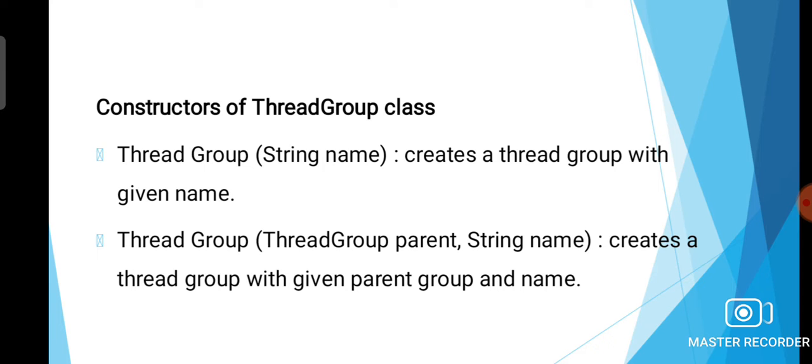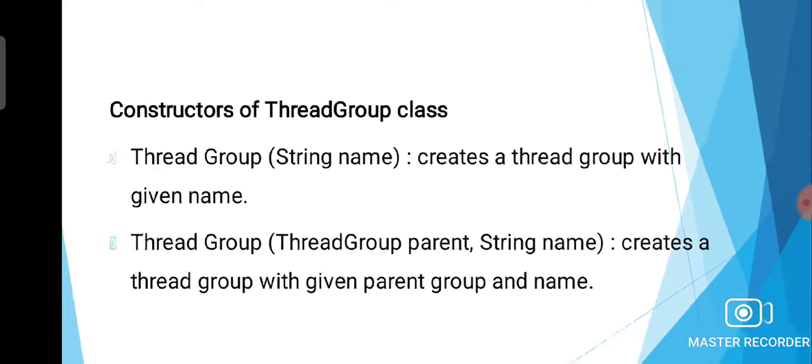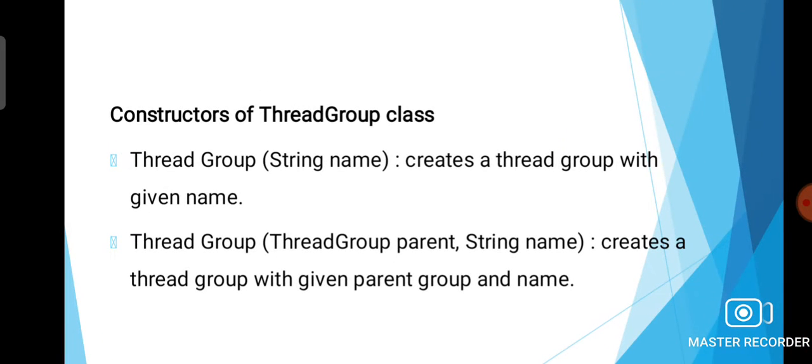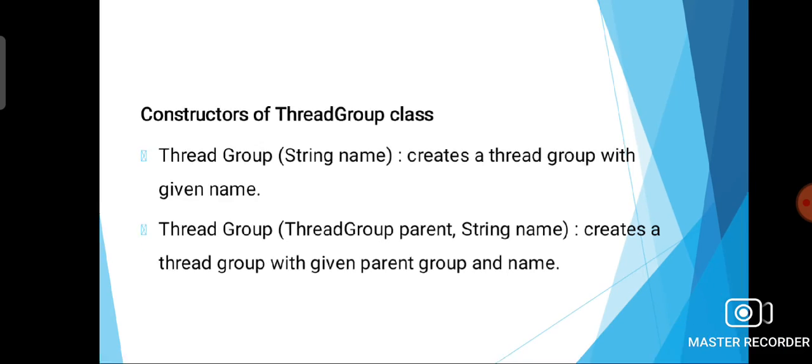The second constructor has two parameters. With the help of the second constructor, we can create the thread group with the given parent group and name. We can mention the name of the thread group as well as the name of the parent group.